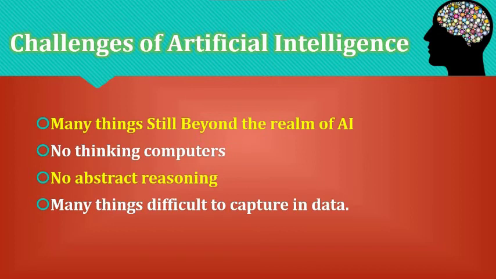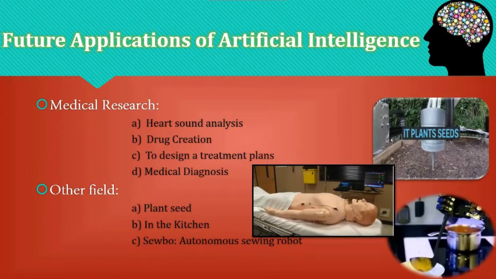It will not be able to solve abstract reasoning, any kind of reasoning which I can easily solve, verbal reasoning and non-verbal reasoning. So the machine will not be able to solve these kinds of reasoning. Many things are difficult to capture in data.